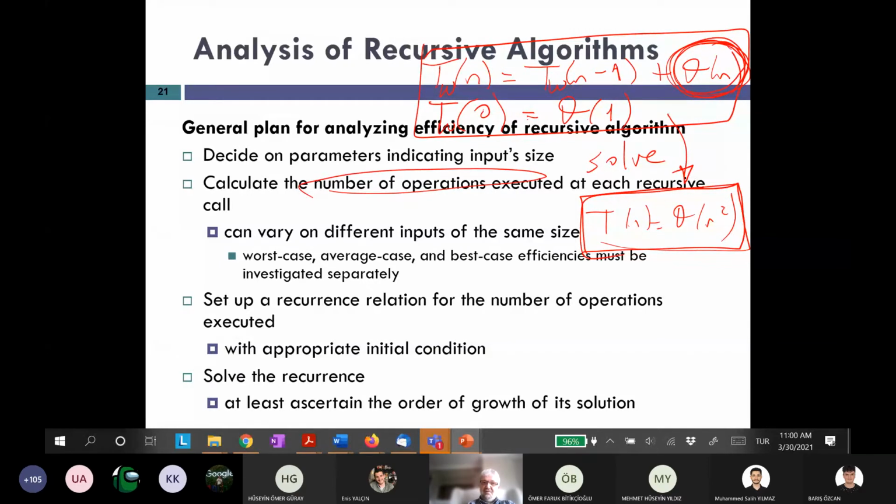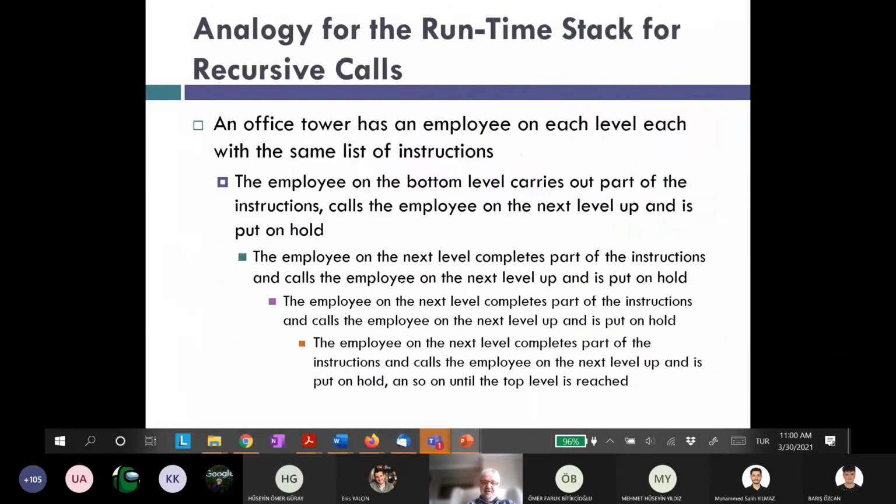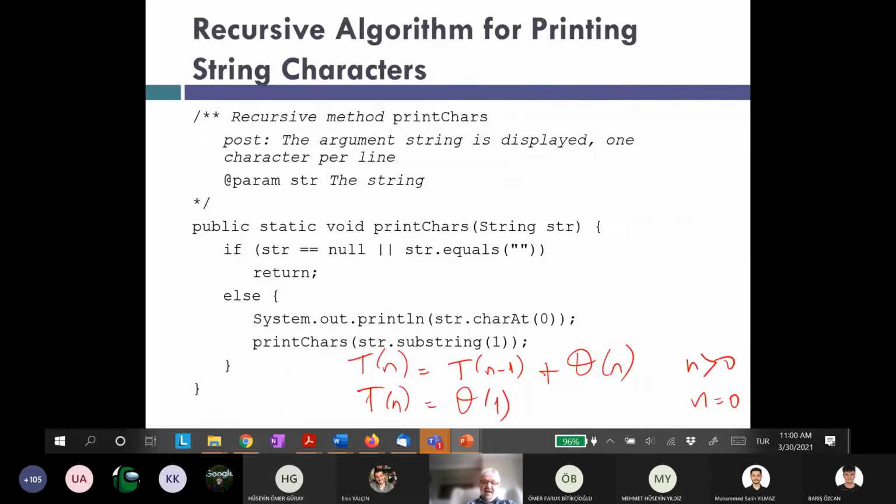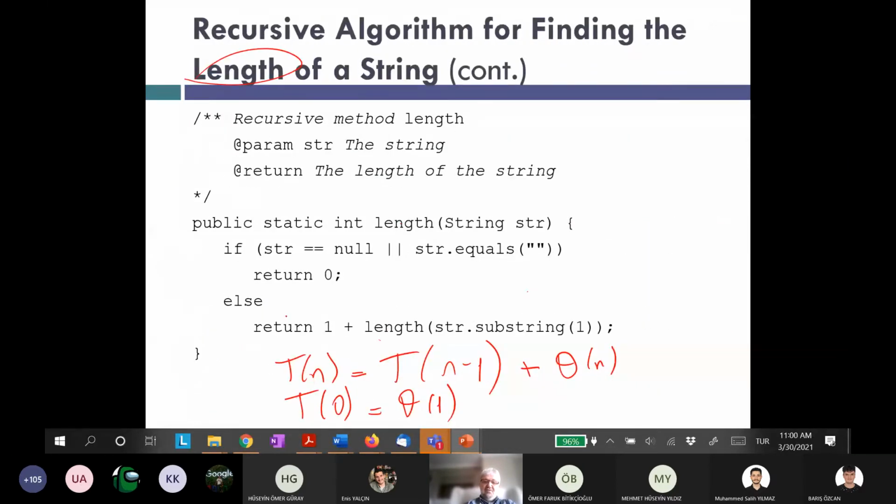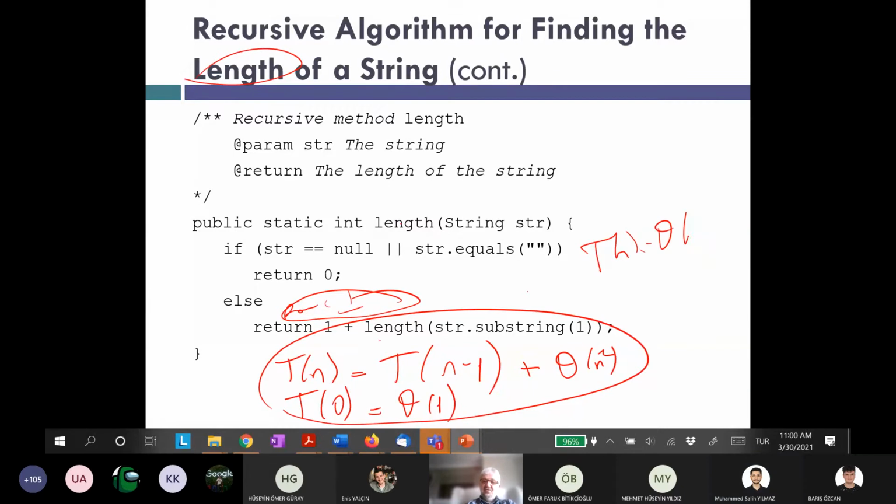It can be more, of course. If we have, for example, a nested for loop here that makes the running time theta n squared probably. Okay. And if this were theta n squared, then the overall running time will be theta n cubed.